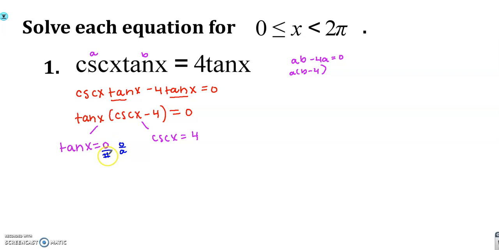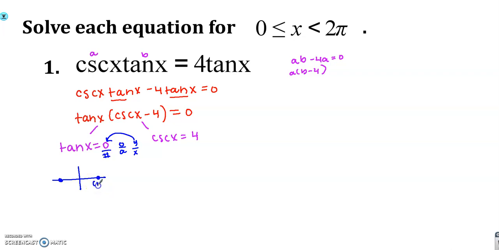If the top is 0, what's on the bottom can be anything. So this is going to be quadrantal, because one of the sides is 0. Remember, opposite goes with y, so tangent would be y over x. I'm looking for where my y value would be 0, and that would be on the x-axis.